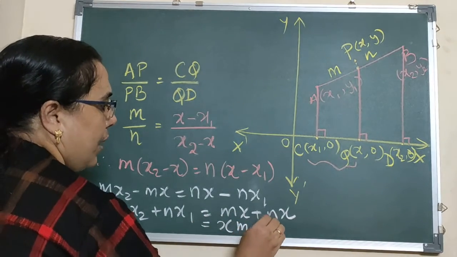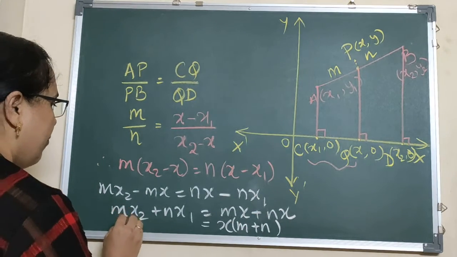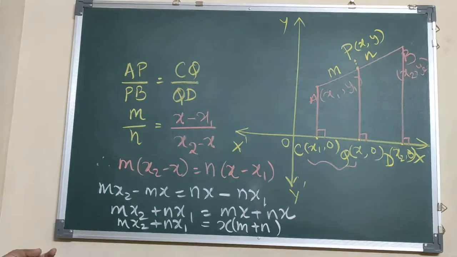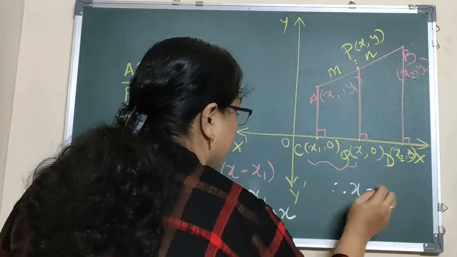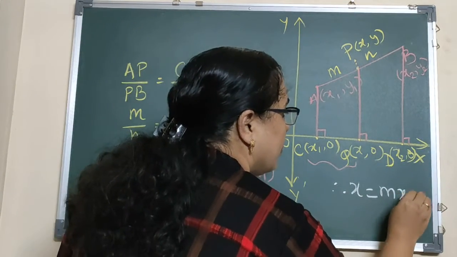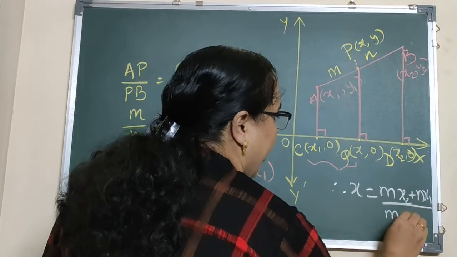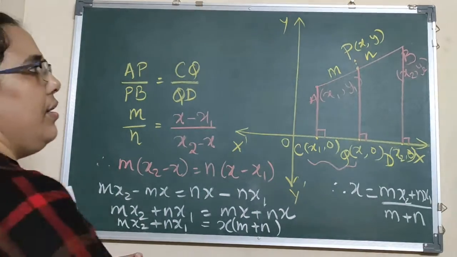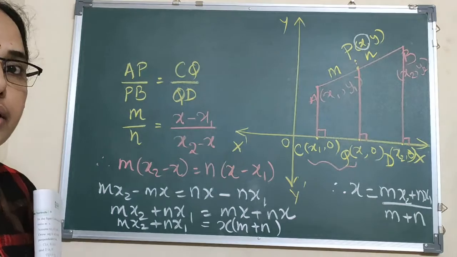So m plus n inside the bracket. And here you have mx2 plus nx1. So what is the x coordinate? x is equal to mx2 plus nx1 upon m plus n. So this is how you can find the coordinate x of point P.